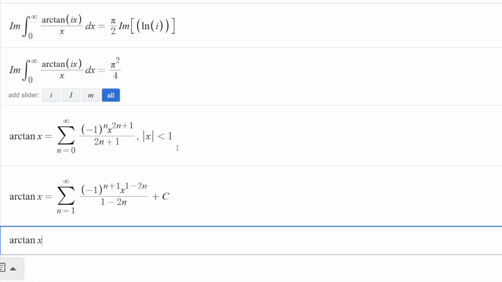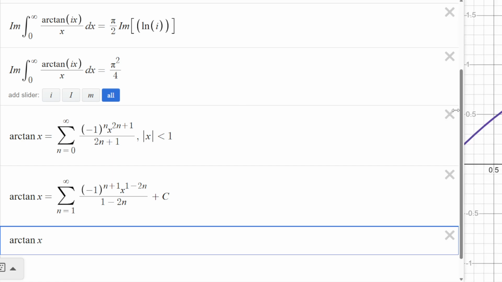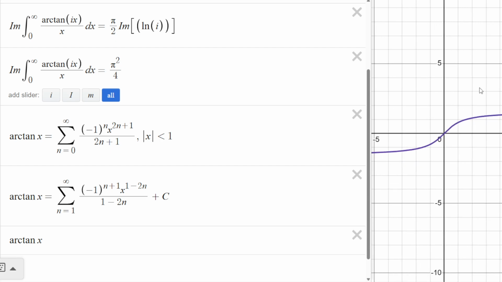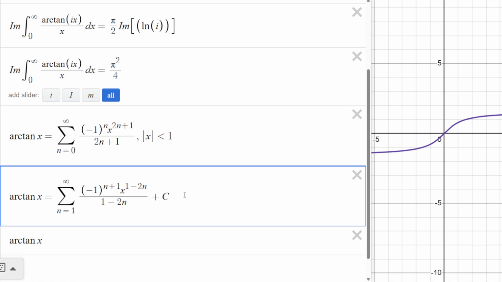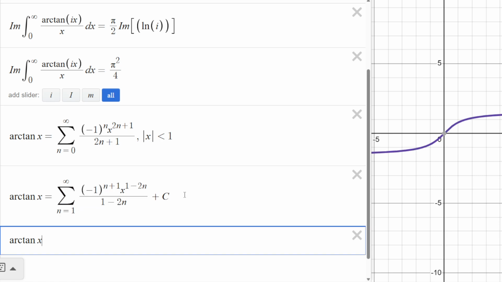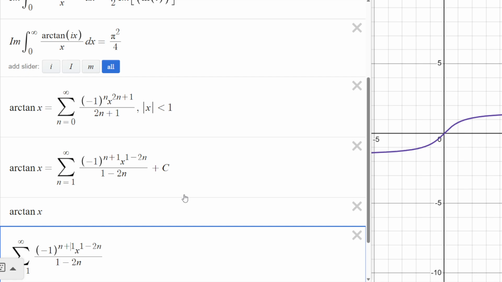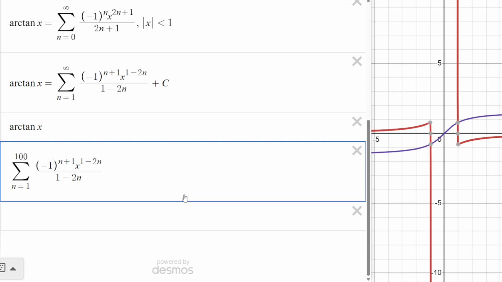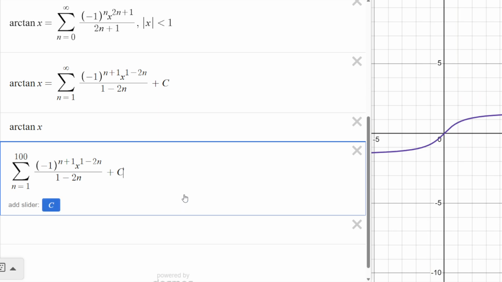Let me show you the graph there of arctangent x. All right, so there's our arctangent x. Now, we would expect that it's going to look like this, but not quite. This is actually plus pi over 2, or plus c.